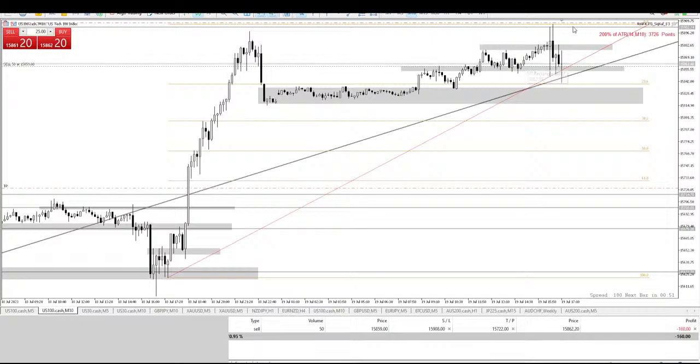There are too many wicks happening. It's a risky trade at this point. Price is too unstable, so it could spike one way or the other. When it's like this, it's kind of a gamble. This is when trading becomes a gamble, when you see all of this and then you take the trade.